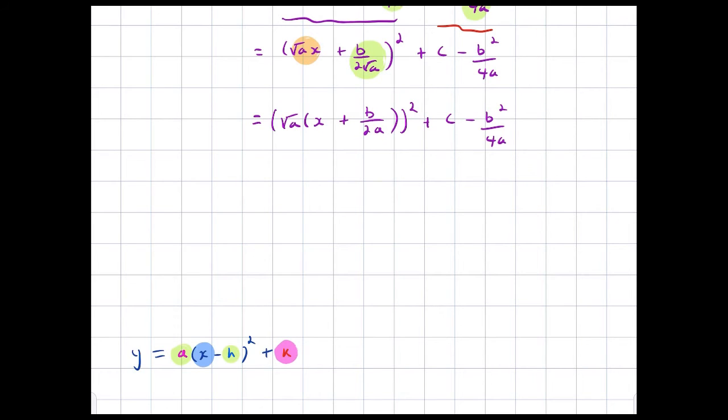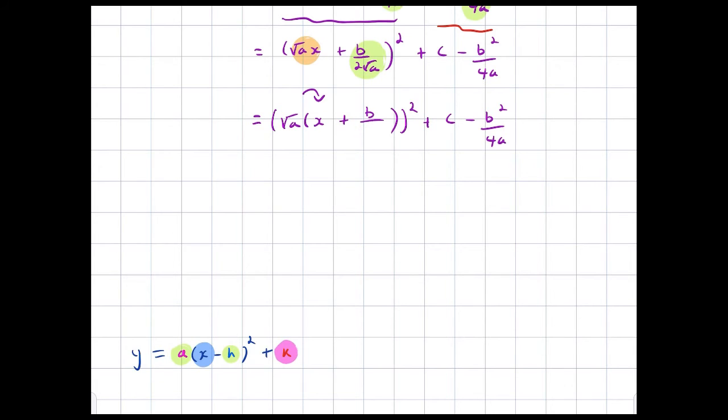Well, the reason is that a is equal to the square root of a squared. So when I multiply in this root a, I need the 2, of course, and I need to have a root a and a root a to cancel. So when this gets multiplied in, it hits the x and becomes that root a up here. And then when it hits that root a squared, I'm going to be left with that root a up here. So that is why there's going to be an a in the denominator.